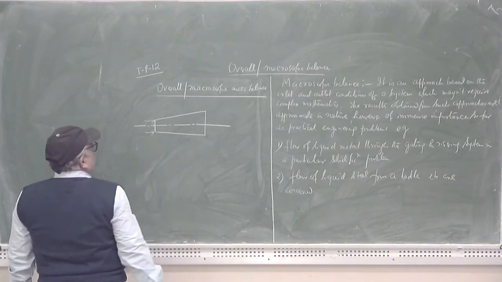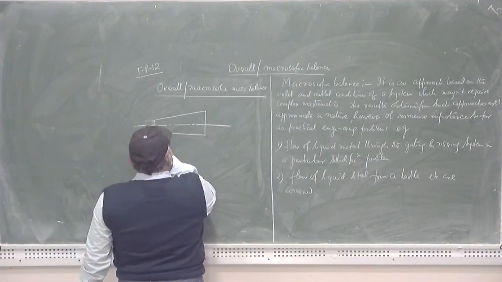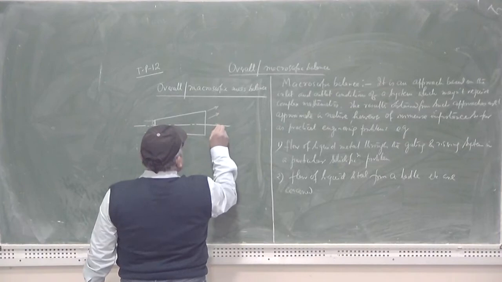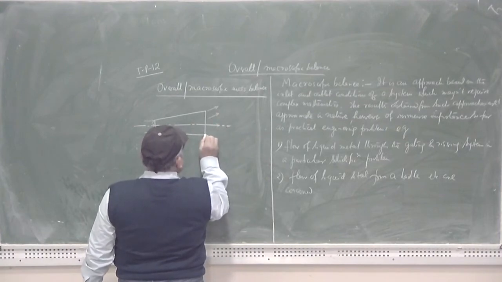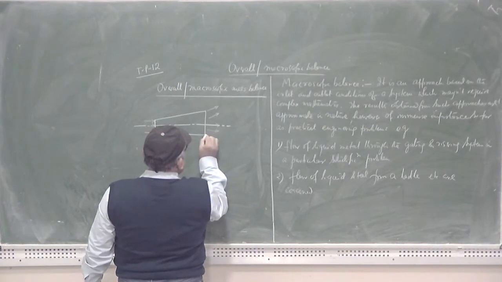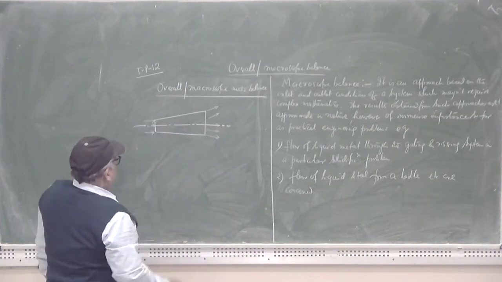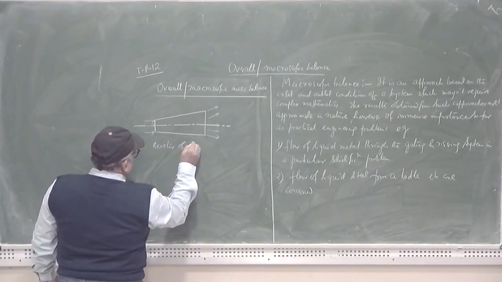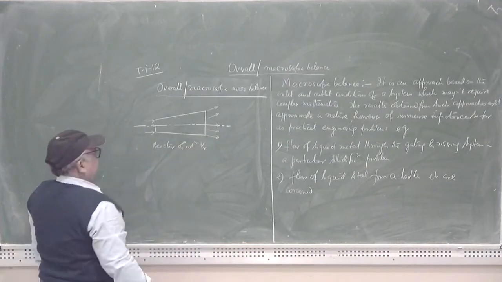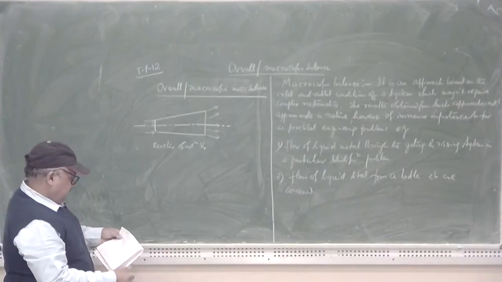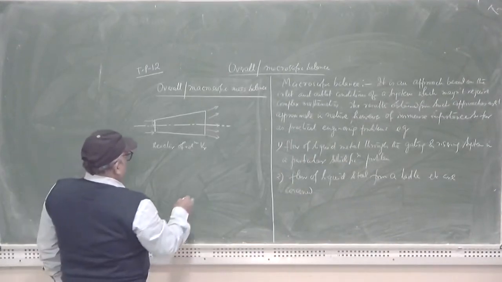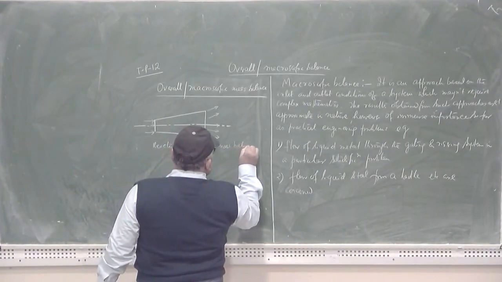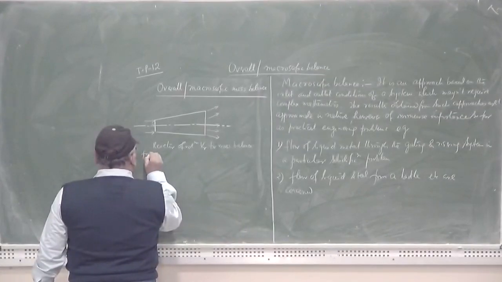So, the fluid is entering, this is the entry point, and at the exit point the fluid is leaving this reactor. I am assuming a reactor of volume capital VR for mass balance formalism.